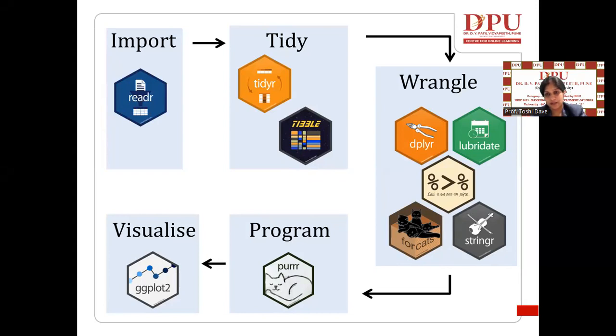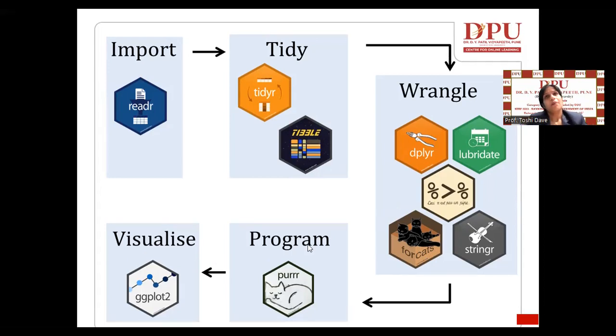Cleaning means removing NAs, NaN, detecting outliers, treating them properly, and so on. To handle data wrangling, you will require dplyr, lubridate, forcats, and stringr. To create the programs, you will require purrr. And to visualize the data, you will require ggplot2.